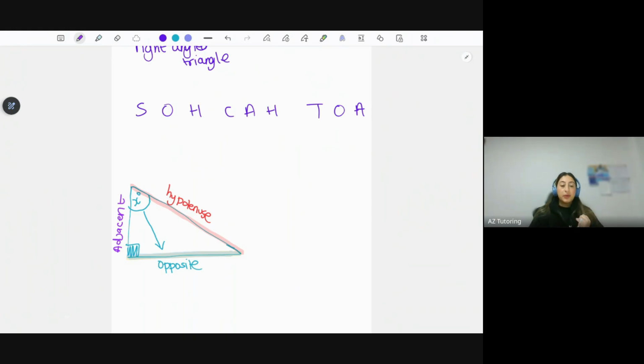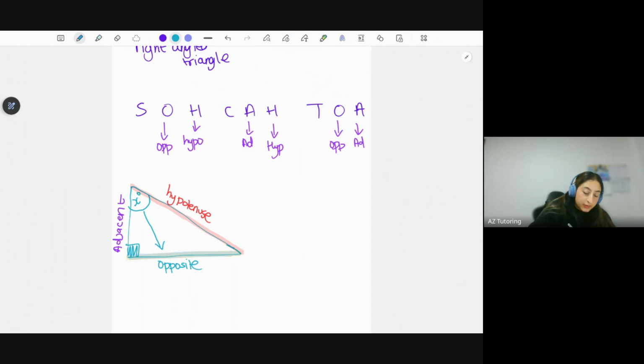So always label your hypotenuse first, then label your opposite side, and then label your adjacent side. So instead of A, B, and C, we have hypotenuse, opposite, adjacent. The H is for hypotenuse, O is for opposite, and A is for adjacent.